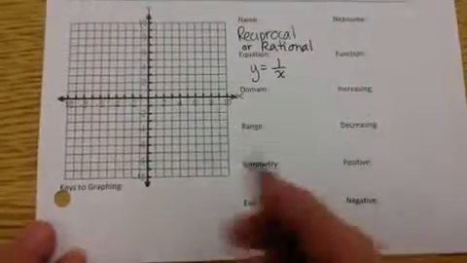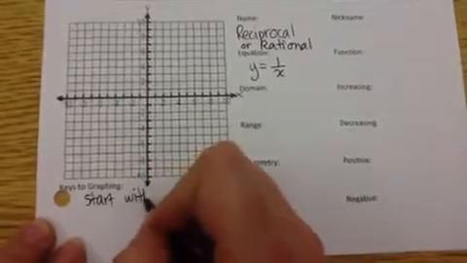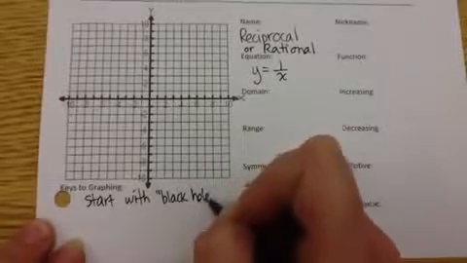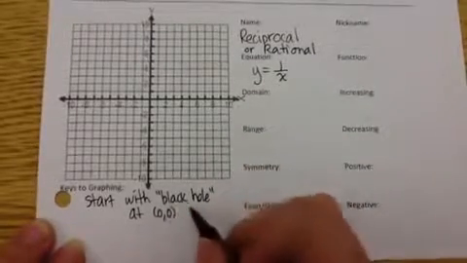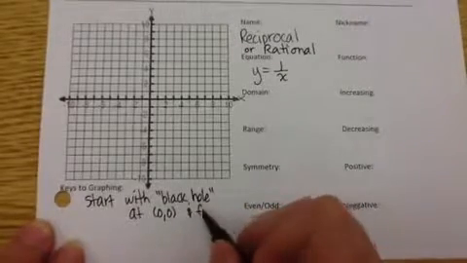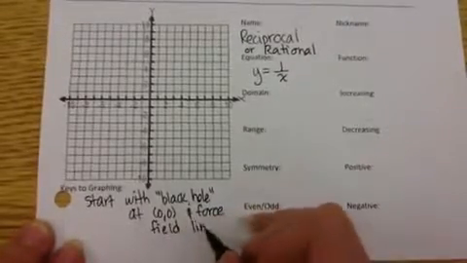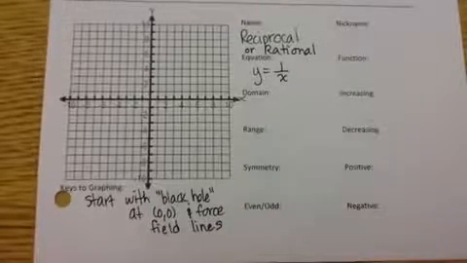So for that reason, we start this one with a black hole at 0, 0, and force field lines. Now it's a little bit Star Trek at this point, but we start with a black hole at 0, 0 and force field lines.